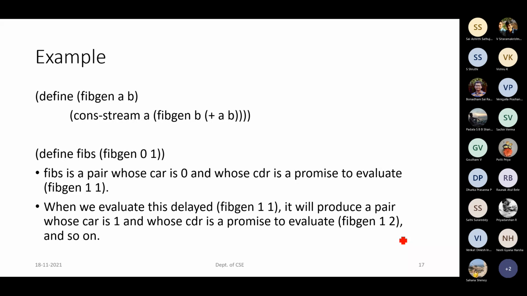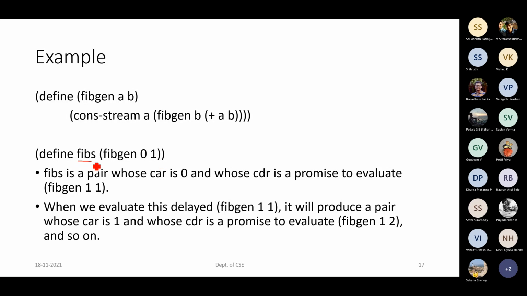For getting the next number, we have to add the previous two values. So how can we generate the Fibonacci series by using the stream concept? Fibonacci takes initial values A and B, so 0 and 1 is what I am passing.